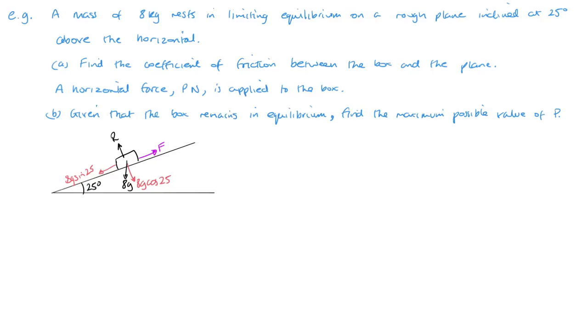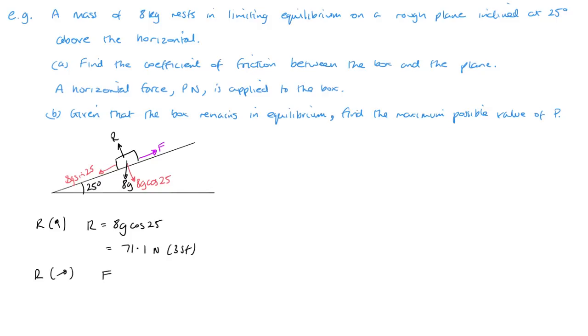Okay, so let's resolve perpendicular to the slope, and we get that R is equal to 8g cos 25. And that is 71.1 newtons to 3 significant figures. Now let's resolve parallel to the slope.